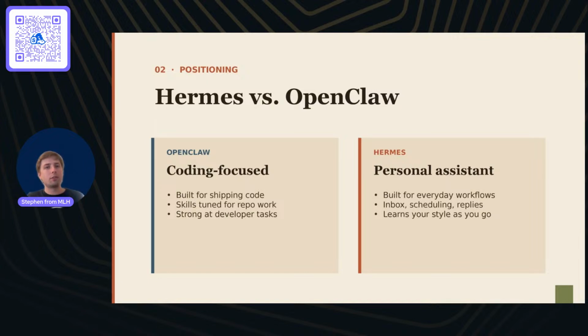You can use it for any task that we're going to do today, but it's just a little bit more complicated. But there's a lot of tooling in OpenClaw, a lot of add-ons and plugins for developer tasks. But this Hermes agent is a lot more geared towards personal assistant type work, inbox, scheduling, replies, stuff like that. And it learns your style as you go.